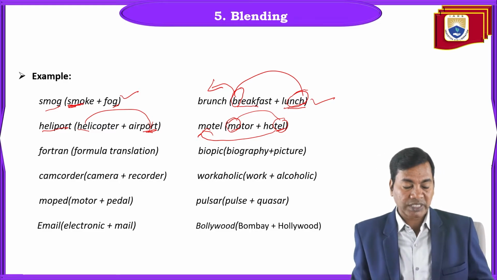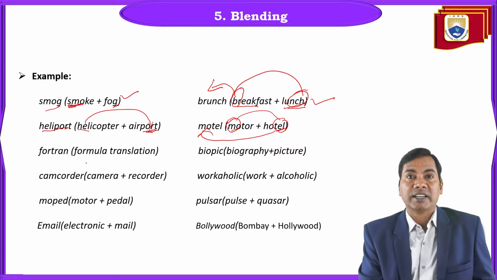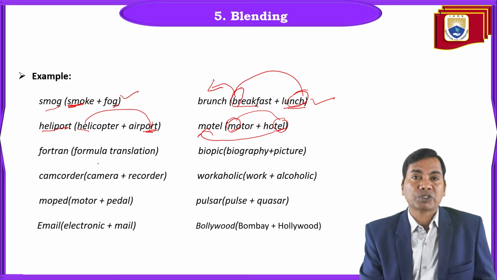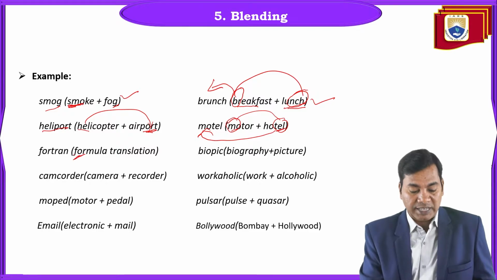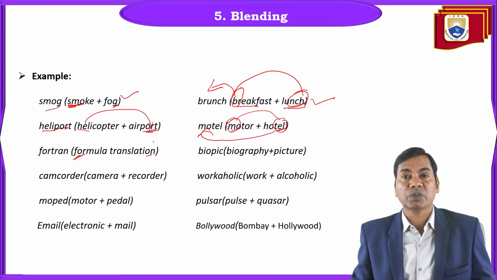And we're looking at the examples here. Fortran has come from two words. One is formula and the other one is translation, right? In the first word, formula, I have taken FOR, and in the second word, translation, I have taken ON. So by combining these two, we've got Fortran.